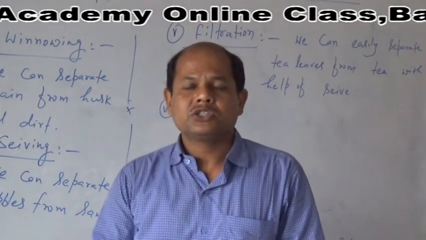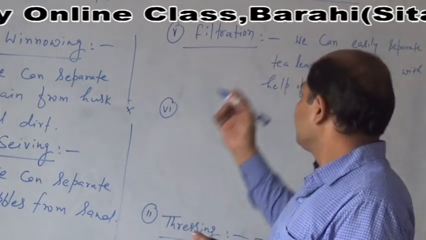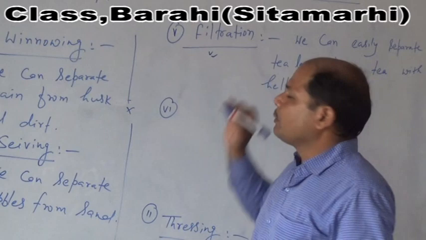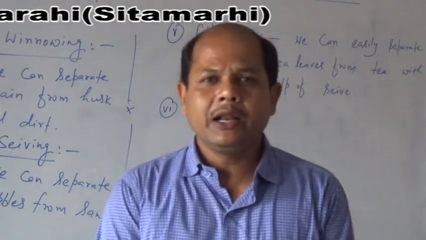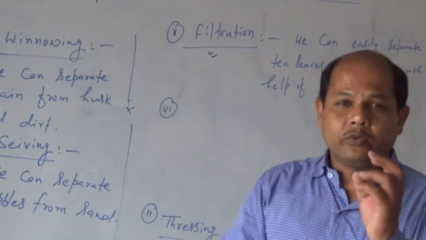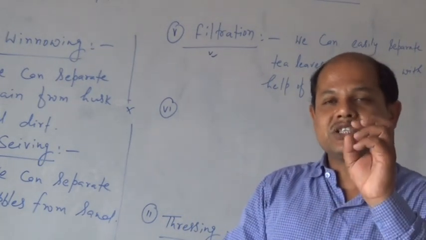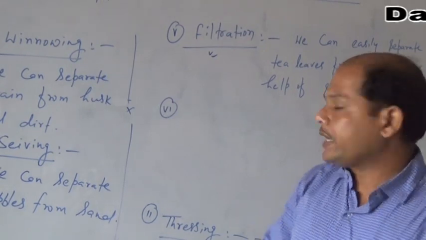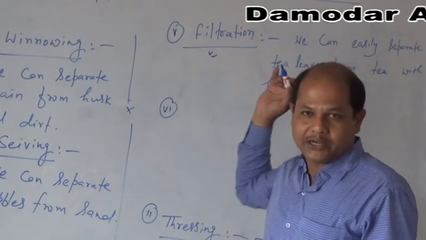Here you have seen that filtration is used for a solid and a liquid. Our tea is liquid and our tea leaves are solid. We can separate them with the help of filtration.